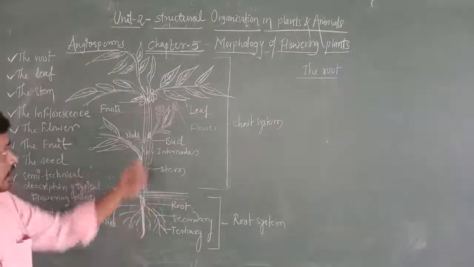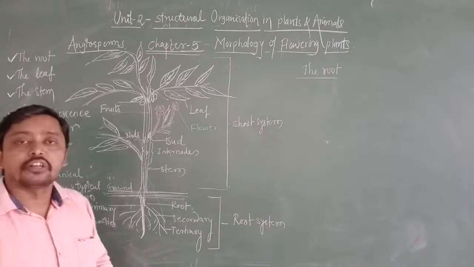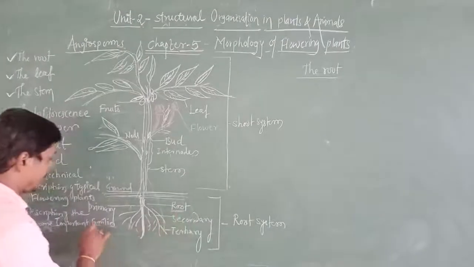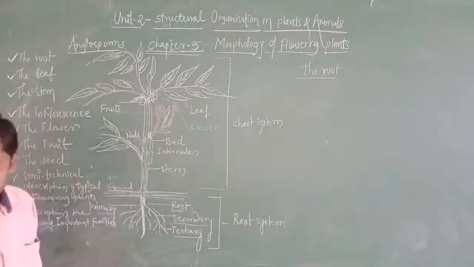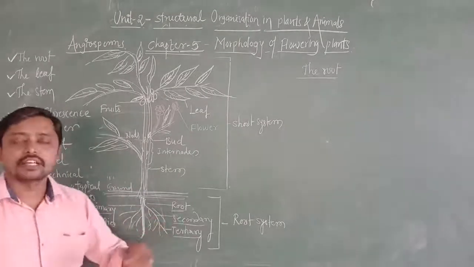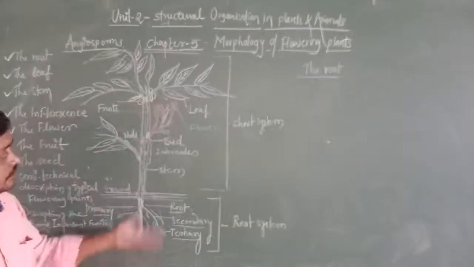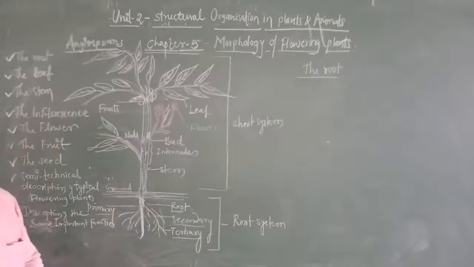We consider this a dicotyledonous plant, because here I have written the root system like primary roots, secondary roots, tertiary roots, etc. Understood? Such primary, secondary, and tertiary roots are not found in a monocotyledonous plant. Whatever diagram I draw here is a dicotyledonous plant.